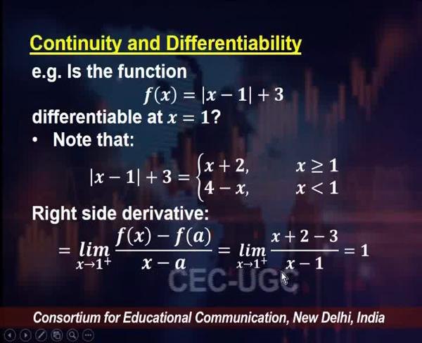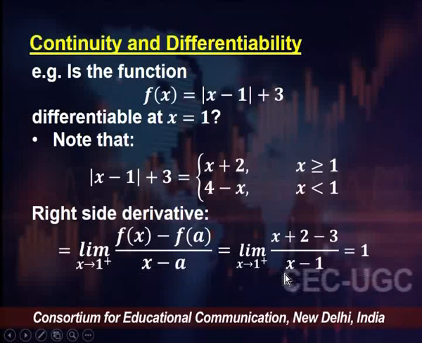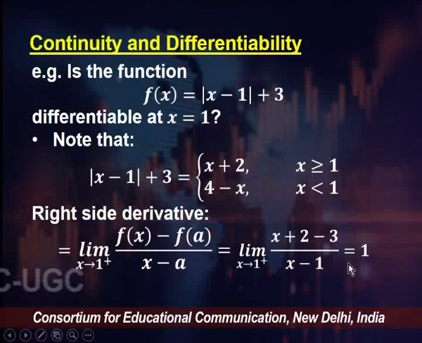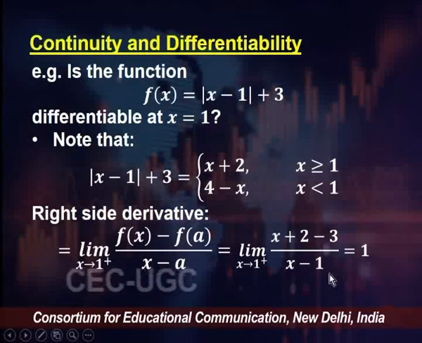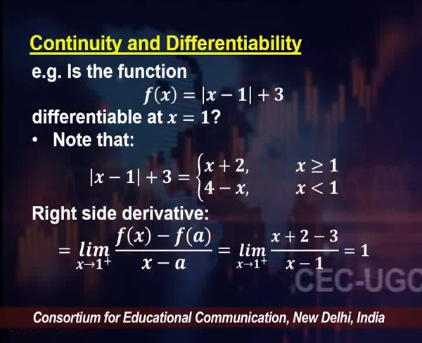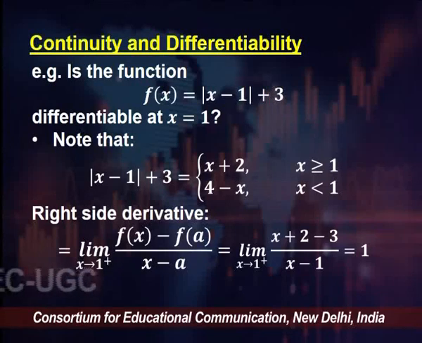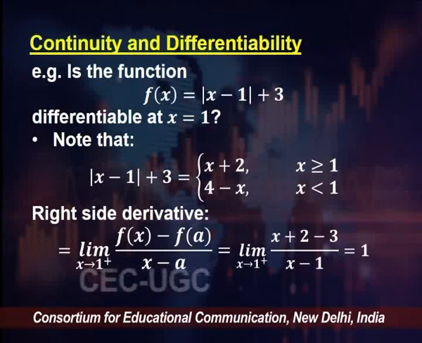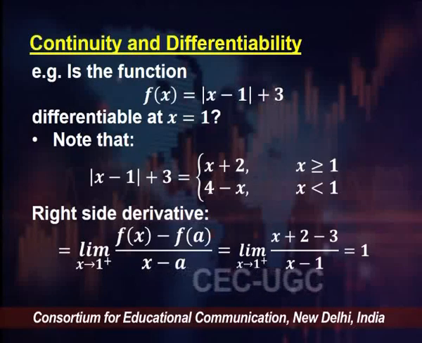So x plus 2 minus 3 divided by x minus 1, and if you simplify, that is equal to 1. So clearly you can see that the left side derivative is not equal to the right side derivative. The left side derivative is minus 1, the right side is 1, and clearly in this case the function is not differentiable.